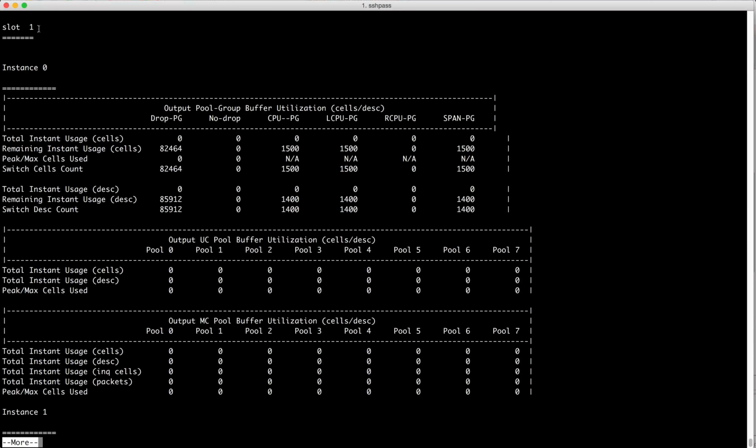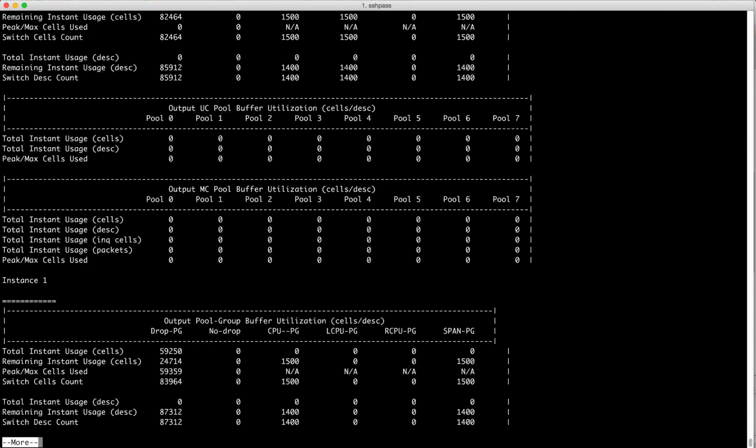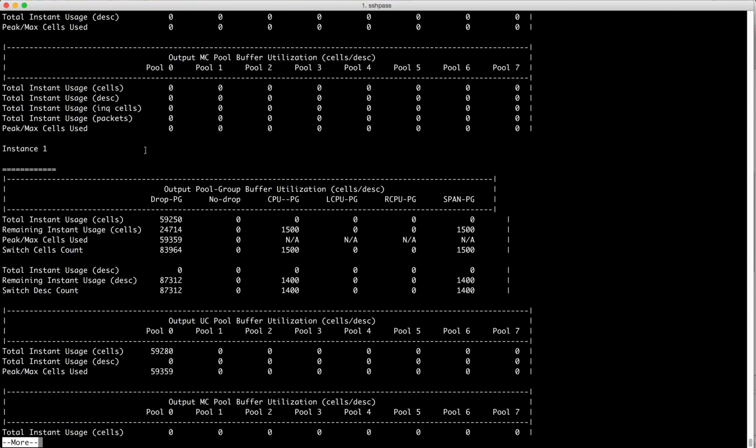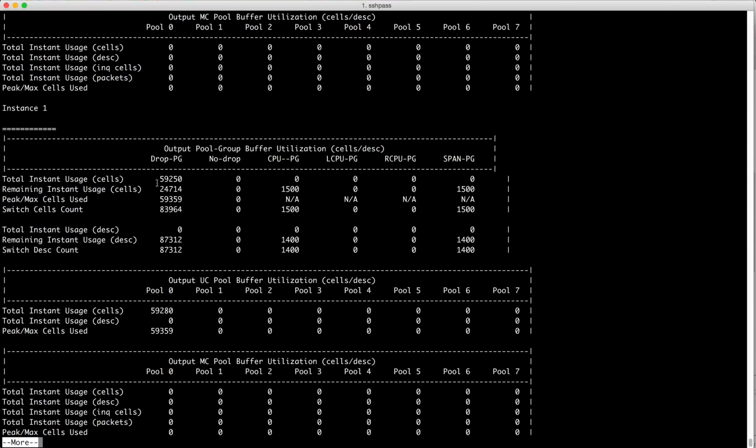Here we see slot 1 is just the switch, instance 0 is the first slice of the ASIC, and interface 143 is part of the second slice, so that's why you see there is no buffer used at all in this slice. We're going to skip it and go to instance 1. What we see here is at the moment the CLI was executed, we had 59,000 cells used, and the peak was also 59,000. Because we're constantly sending from Nexia, the buffer is constantly used.